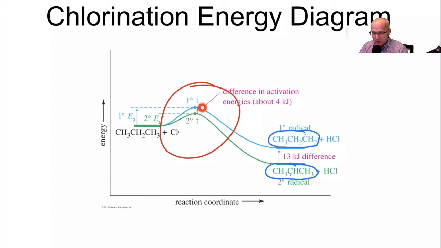And this difference in activation energies is enough to dictate this reactive intermediate will form faster because it takes less energy. Remember, it's collisions, energy, orientation. This one, the molecules don't have to be going as fast. They don't have to be colliding as hard. So it's going to form faster because it's going to have more effective collisions.